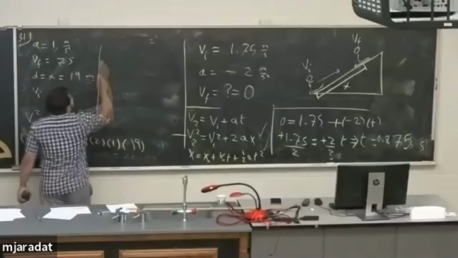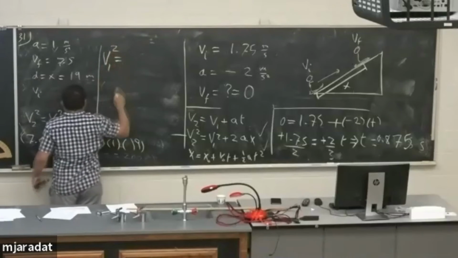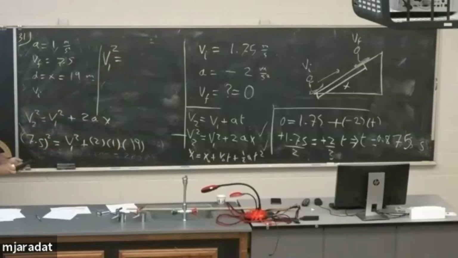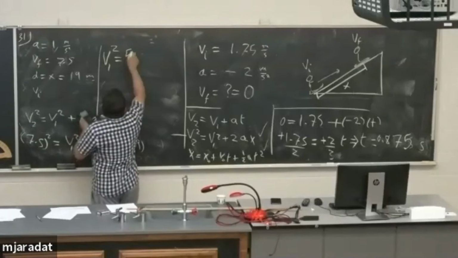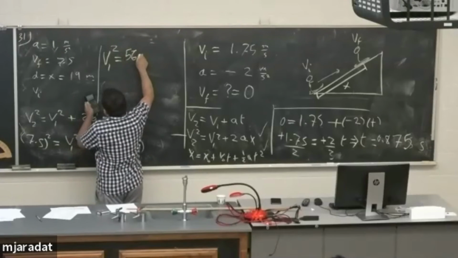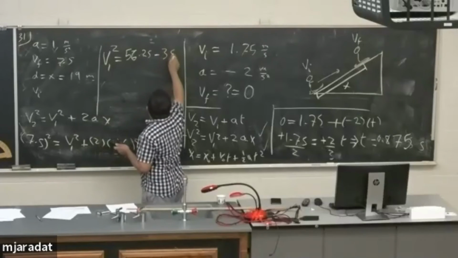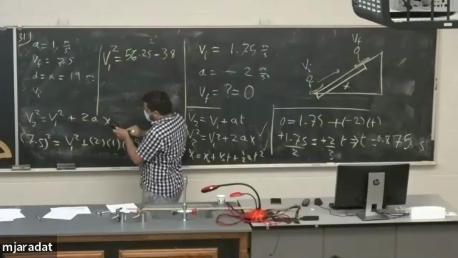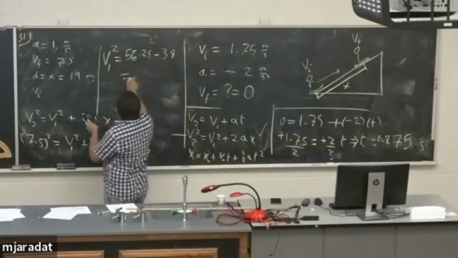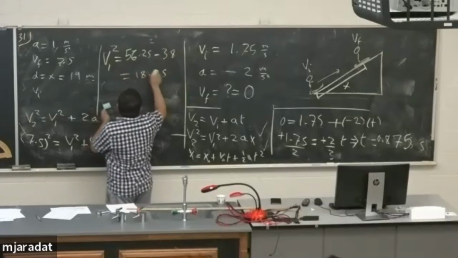You will find that V1 squared is equal to this minus that, which is 7.5 squared, 56.25, minus this, which is 38, is equal to 18.25.